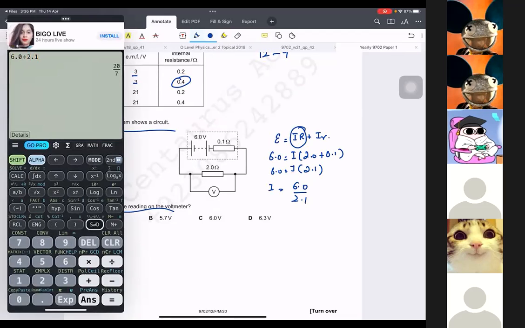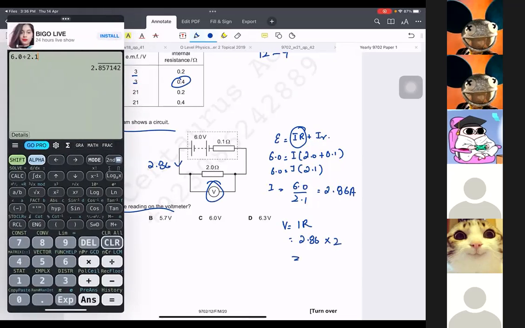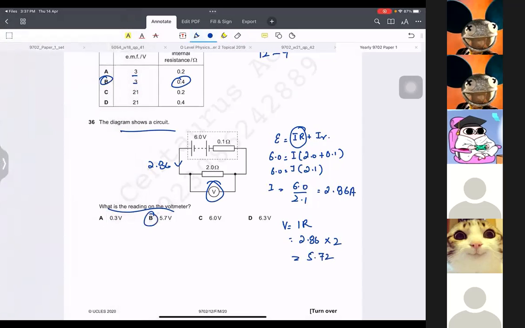So the current is 2.86 amperes. Now V equals I times R. I have the current in the circuit, and I want to find the voltage across this, so the resistance is 2. So that is 5.72. That's B. This should be the answer.